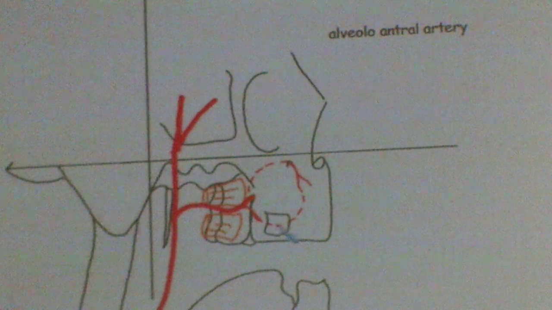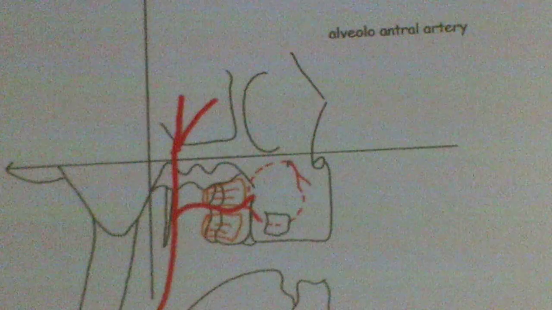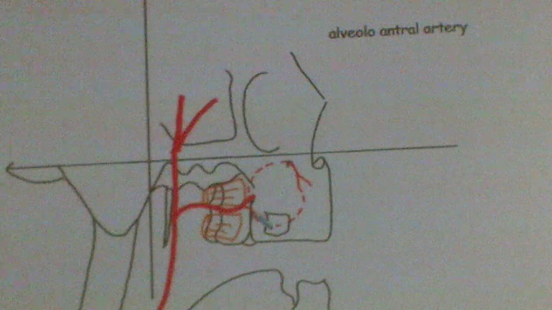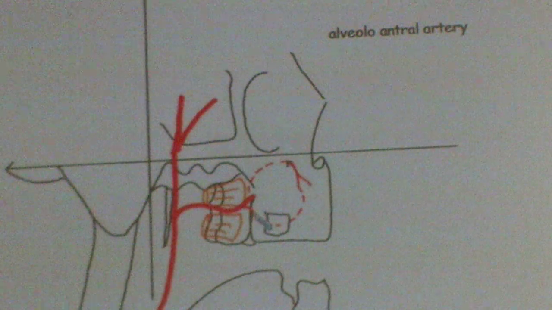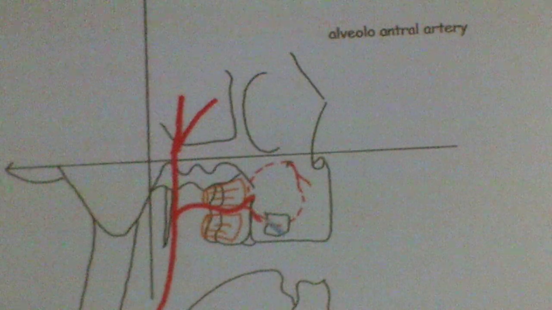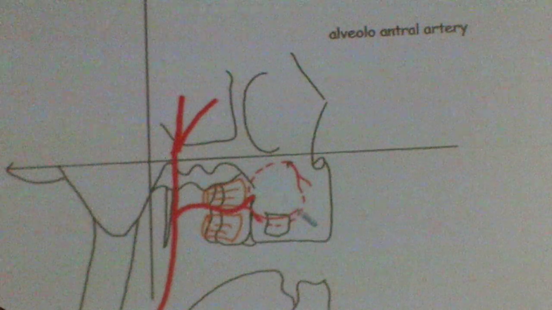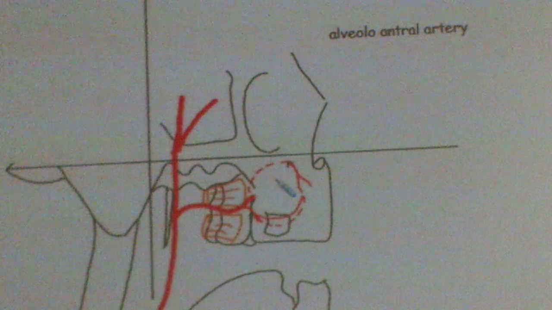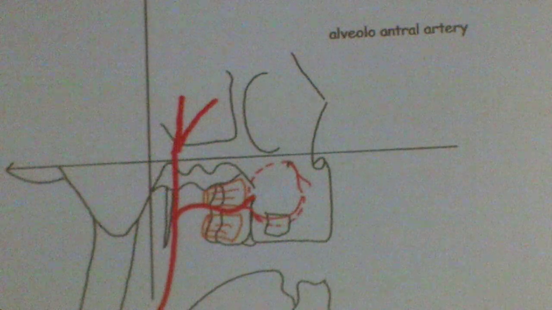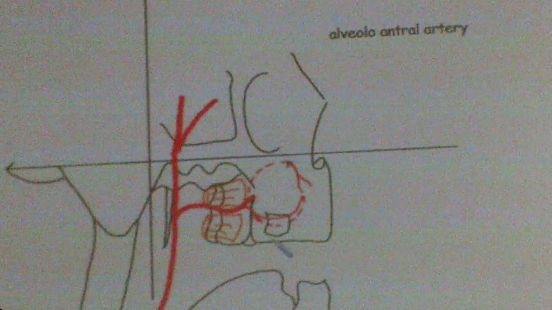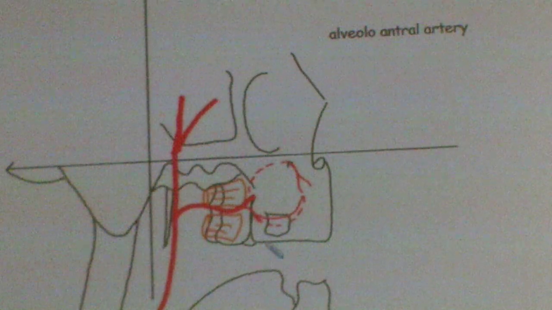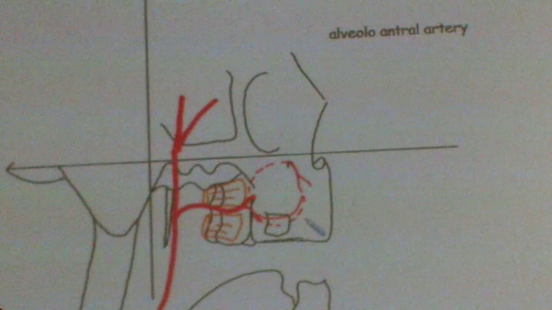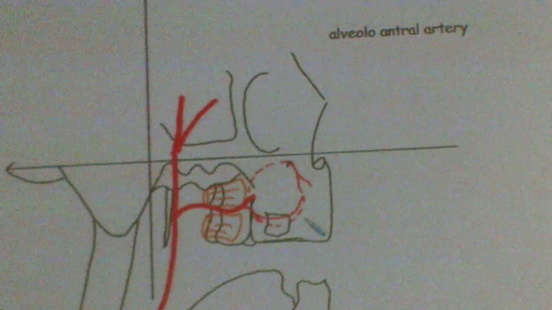This maxillary artery, we will not represent all the branches because there are 14. But we will represent only two branches. One of them is giving the infraorbital artery, and this one is going out of the maxilla, just passing through this foramen, this infraorbital foramen.